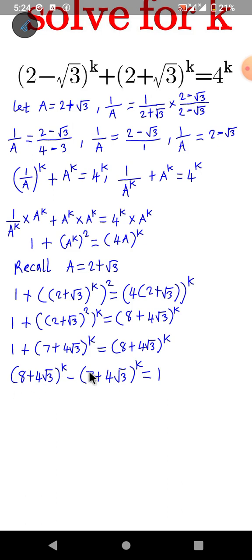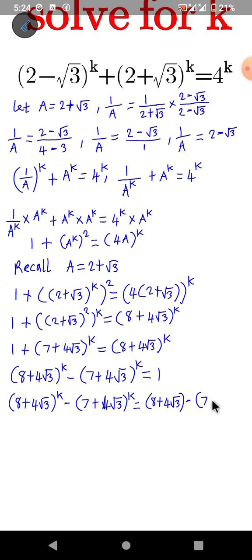Then I'll write this again: 8 plus 4 root 3 raised to the power of k minus 7 plus 4 root 3 raised to the power of k equal to, now I'm going to write this as 8 plus 4 root 3 minus 7 plus 4 root 3.